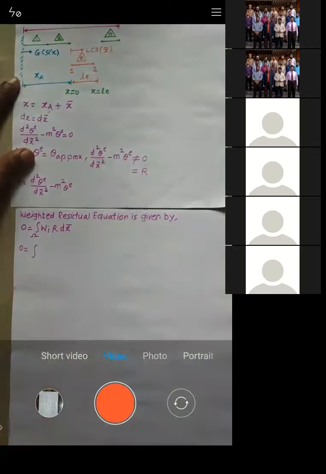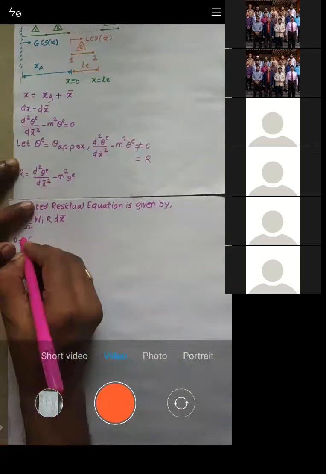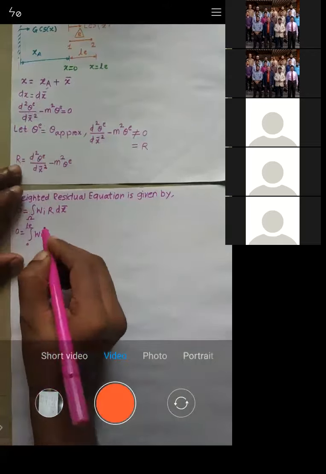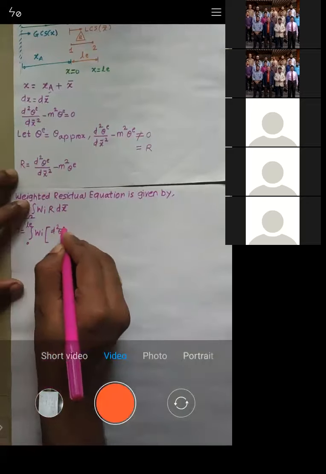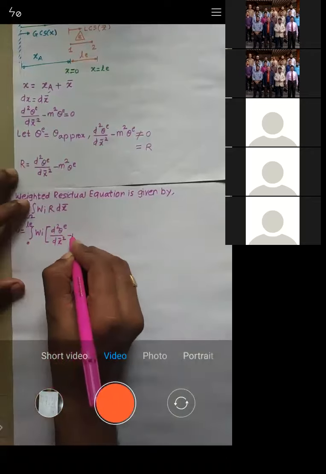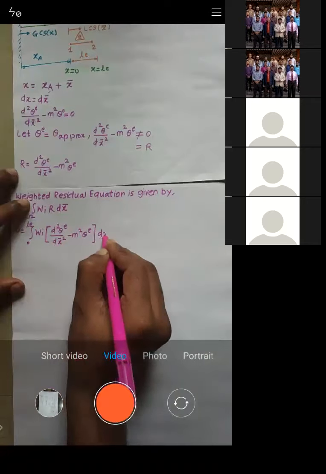So 0 to LE, weight function into R, where R is d square theta e by dx bar square minus m square theta e, into dx bar.